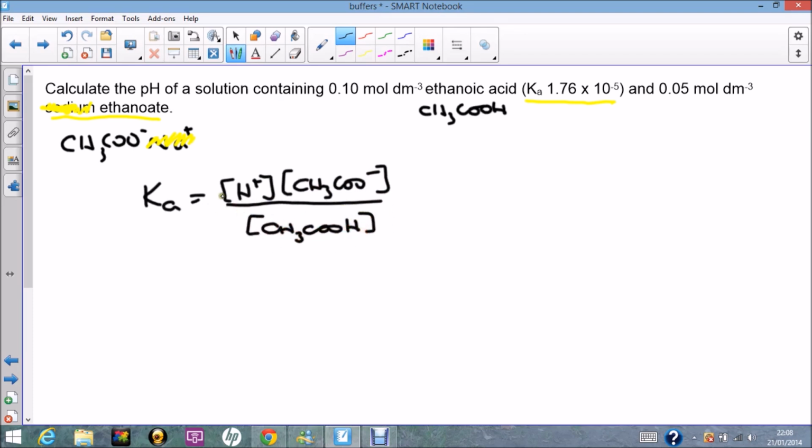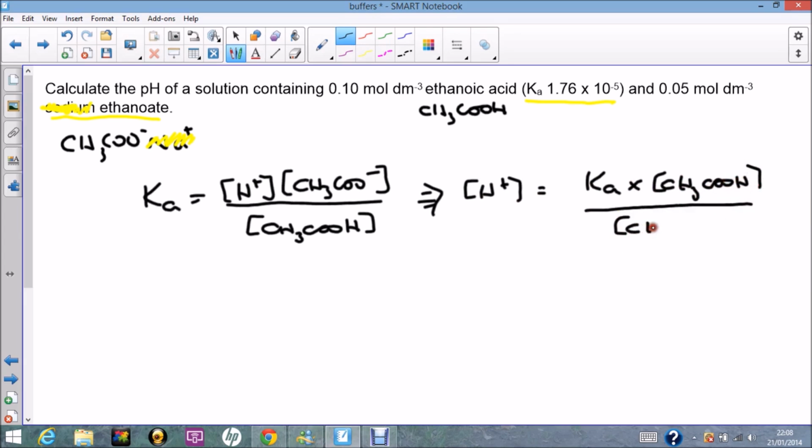Like so. What we need to do is to rearrange that to get H+. Okay, so that should be a rearranged equation.